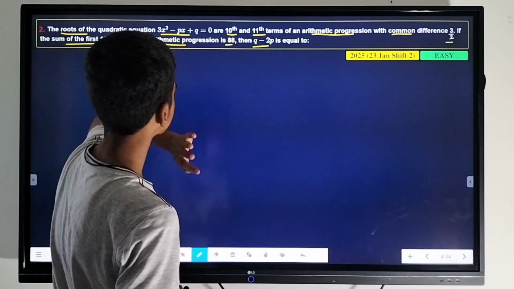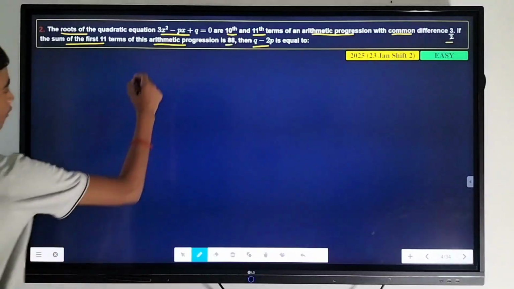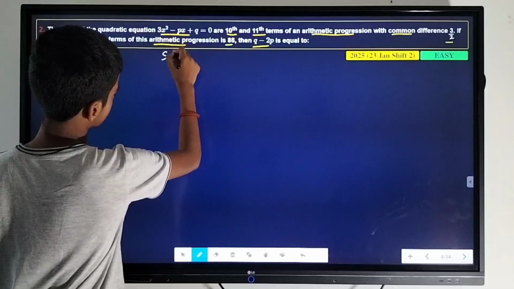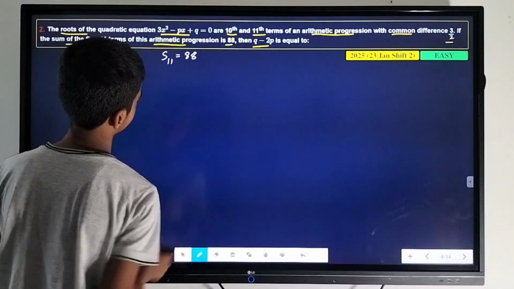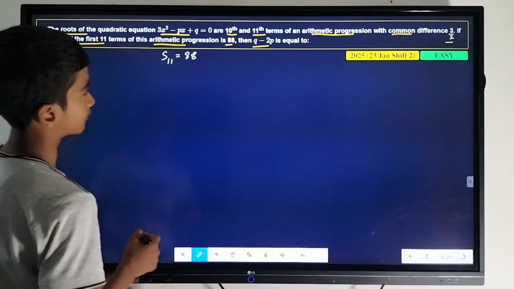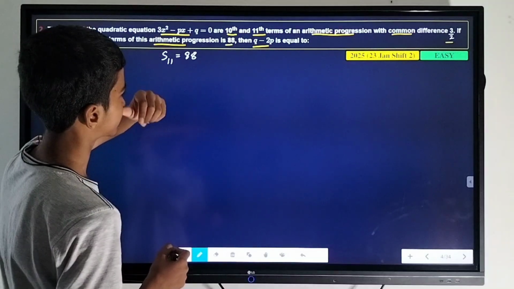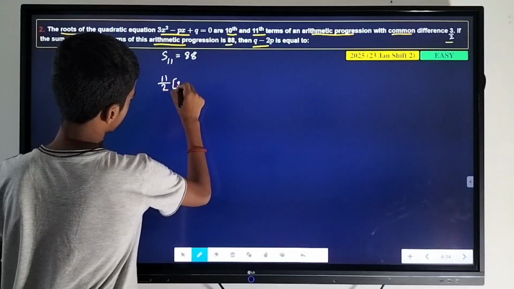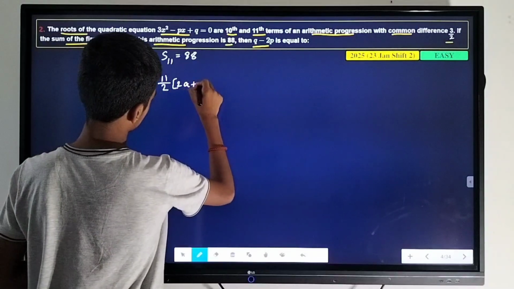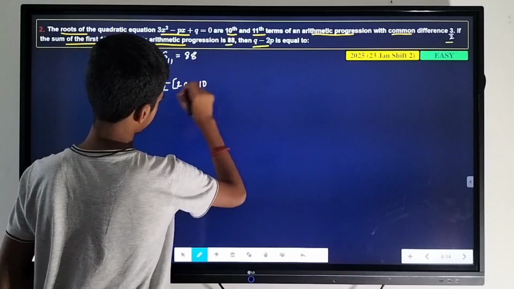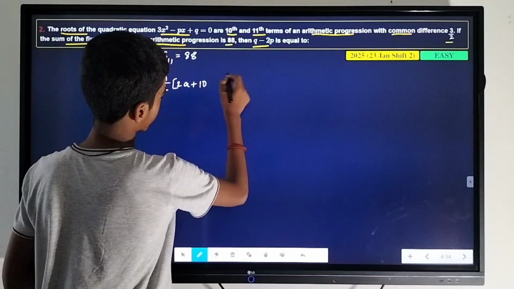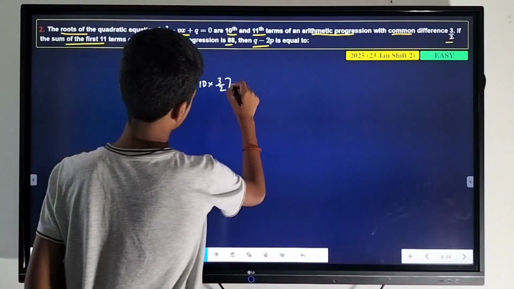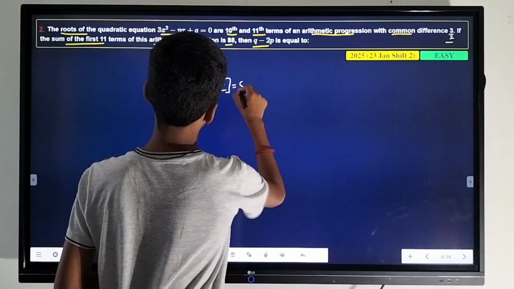So in this question we will use sum of first 11 terms is equal to 88. This will be 11 upon 2 into 2 times the first term plus n minus 1, which is 10, into common difference, which is 3 by 2, is equal to 88.